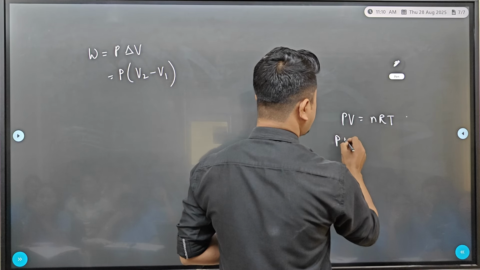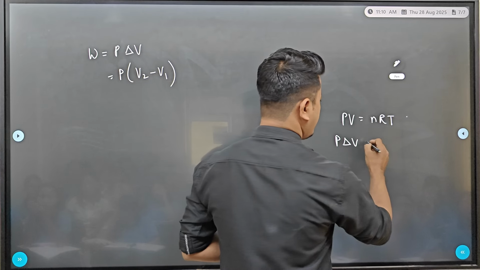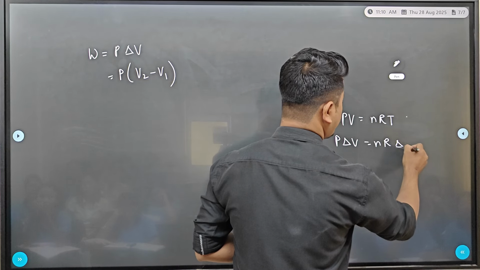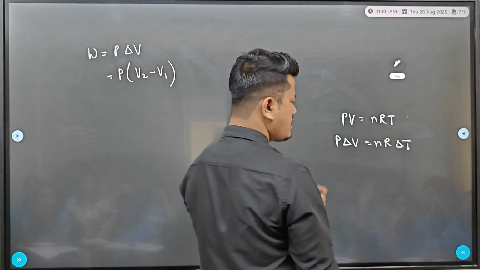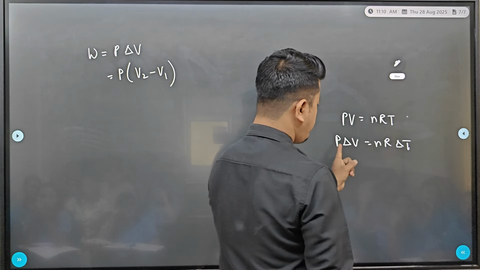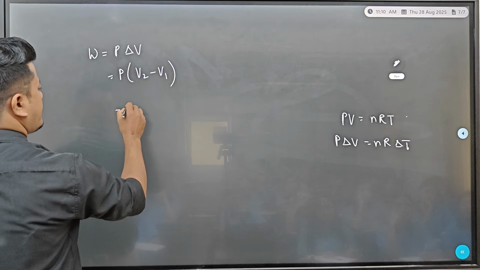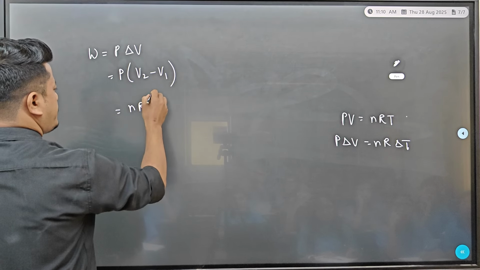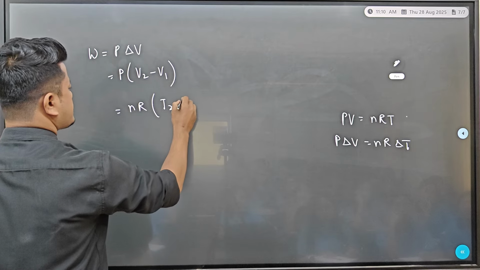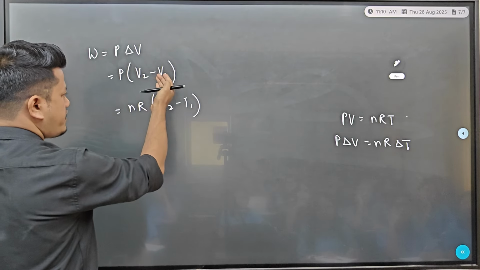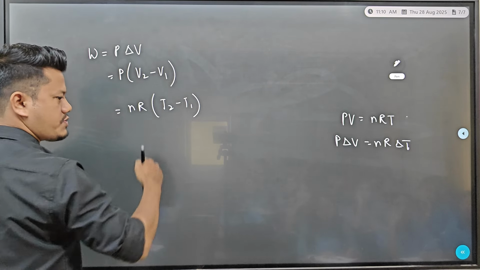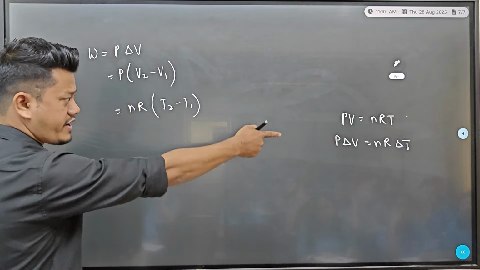If I write over here change in volume, P del V, then I'll be getting change in temperature, nR del T. PV equal to nRT, or not? P is constant here. So in place of P del V, can I write nR times T2 minus T1? Because V2 minus V1 is the change in volume, T2 minus T1 will be the change in temperature.